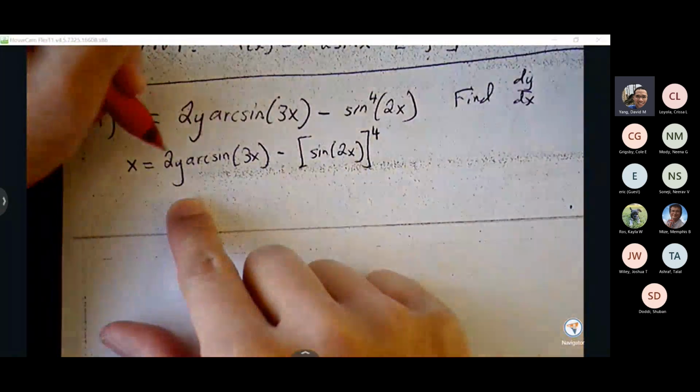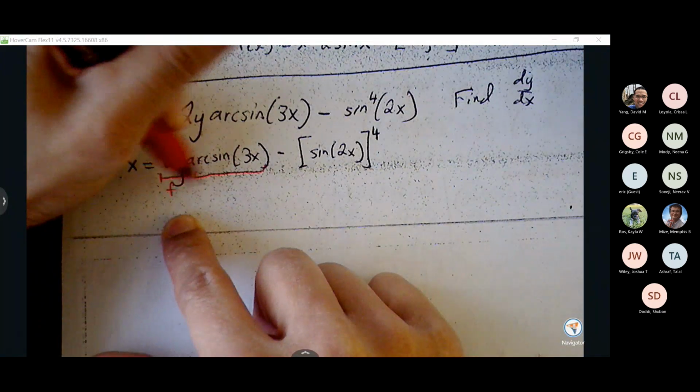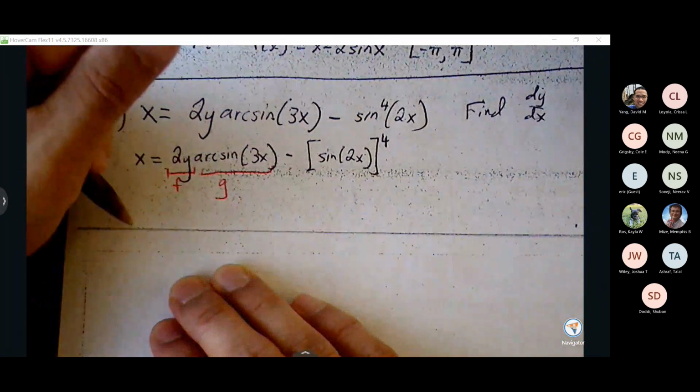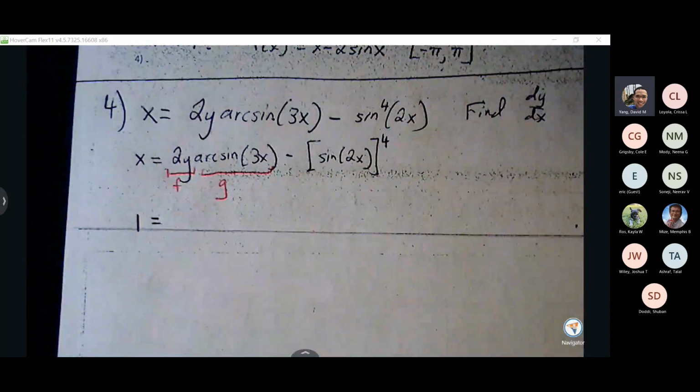Okay, so I know there's product rule coming up here. x becomes 1. f prime g plus f g prime.